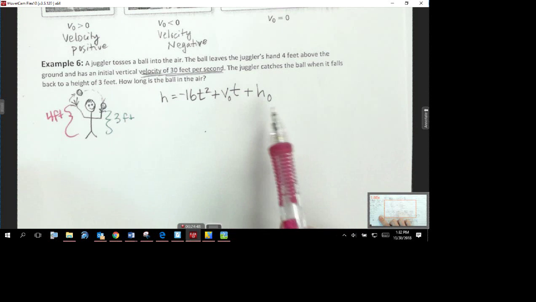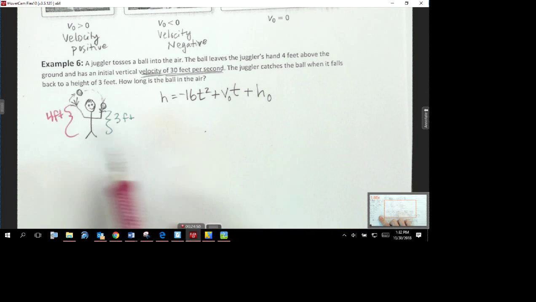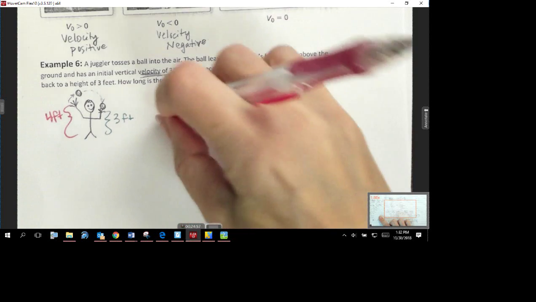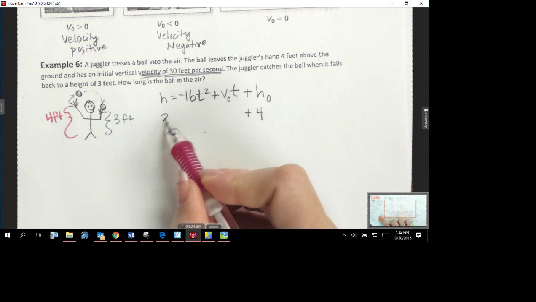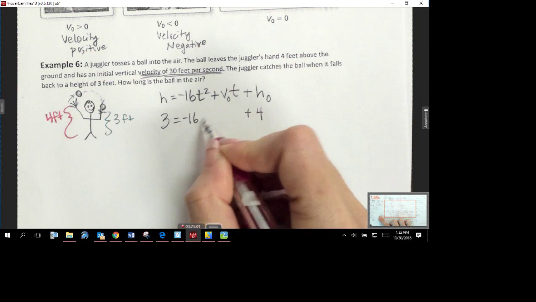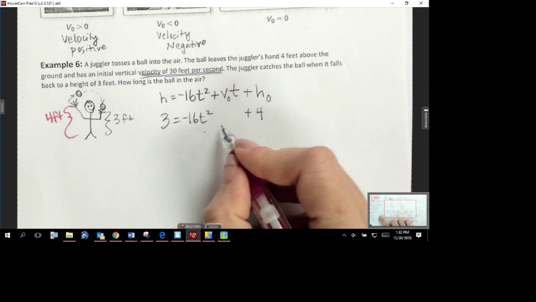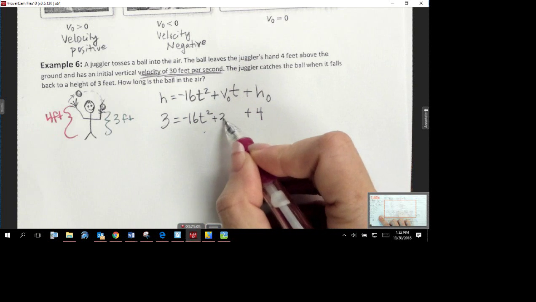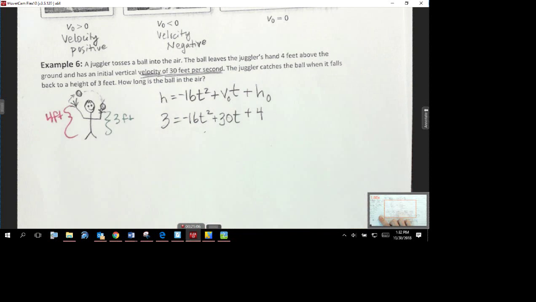Plus h sub 0. So h sub 0 is the initial height. Which of these two heights is the first height? The 4. So that means the new height is 3. And then our velocity is 30. And since he's throwing it up in the air, it's a positive 30.